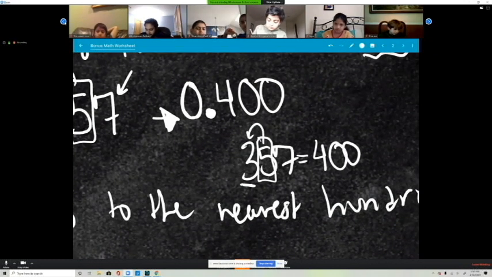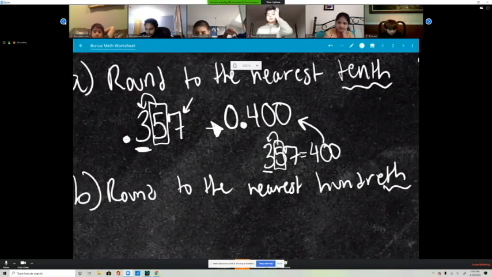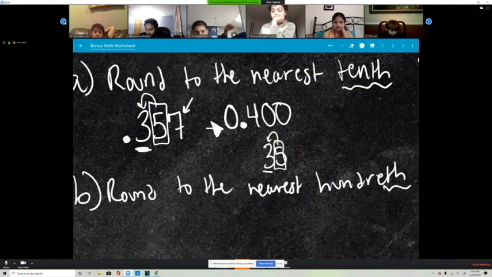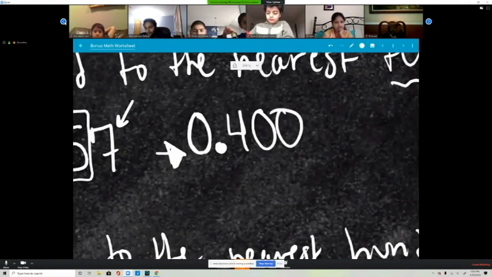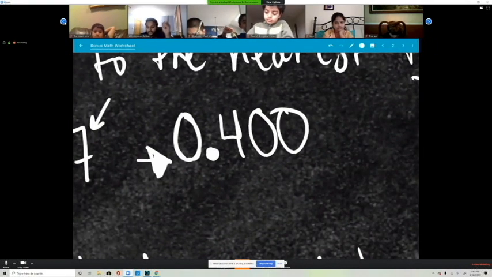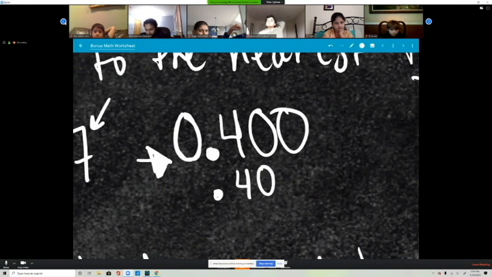So we applied the same thing to the decimal part here. But remember, kids, this is 400 thousandths, which is the same as 40 hundredths, which is the same as 4 tenths. You can take away as many zeros as long as they are to the right.